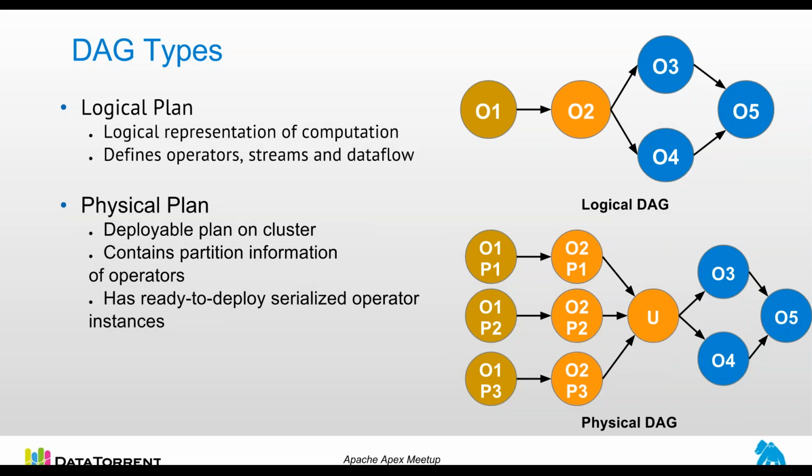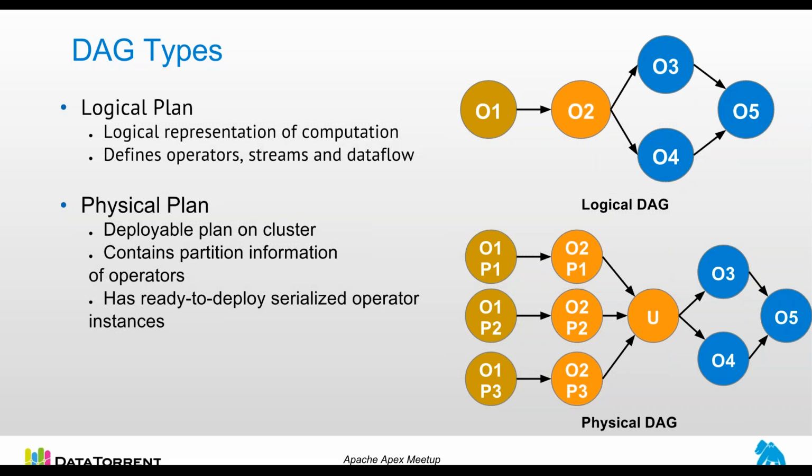Okay. Now, on the right-hand side at the bottom, you can see there is another diagram of the physical DAG. This physical DAG is basically a physical plan of the logical DAG we previously saw. So you can see that the O1 operator has been partitioned 3 times.